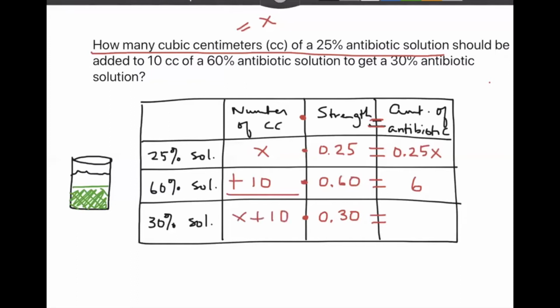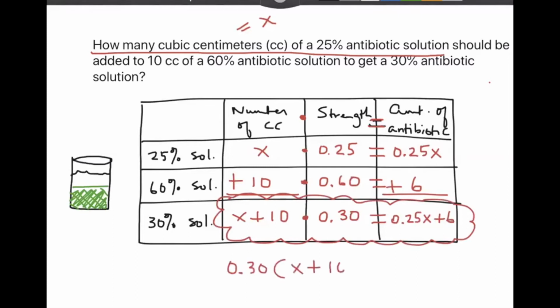And how much pure antibiotic is in the 30% solution? Well, there's 6 cc's in one solution. There's 0.25x cc's in the other solution. So that gives us a total of 0.25x plus 6. And voila, here you have the equation that we're going to solve: 0.30 times (x plus 10) equals 0.25x plus 6.